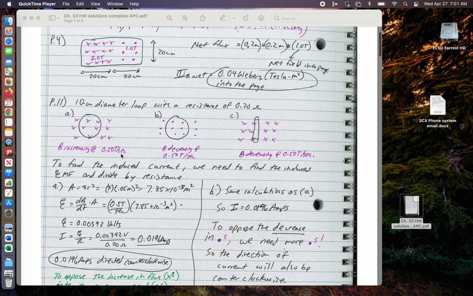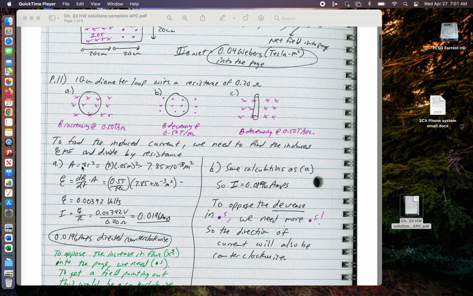For A and B, here you have a field going into the page increasing in strength. Here you have a field going out of the page decreasing in strength. So those essentially have the same effect. In order to oppose either of these effects, we need an induced magnetic field coming out of the page.